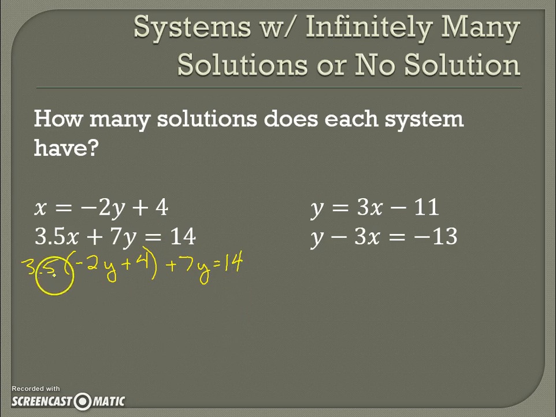Notice what happens when I distribute that, I get negative 7y plus 14 plus 7y equals 14. Well, negative 7y and 7y are gone, right? When I combine like terms, I get 14 equals 14.